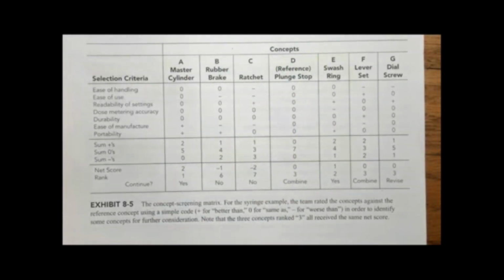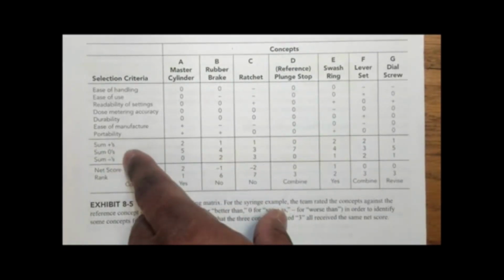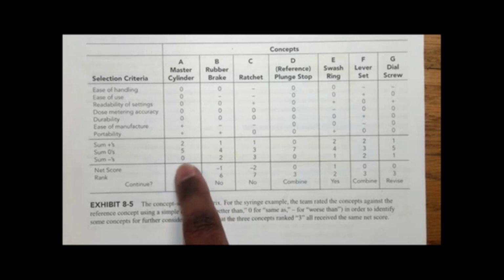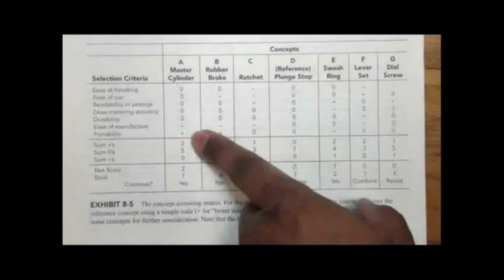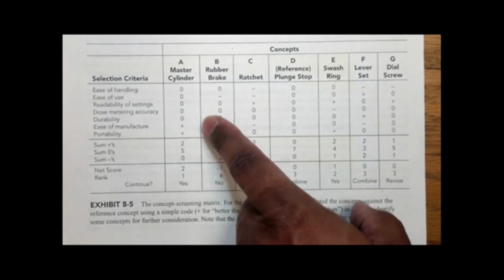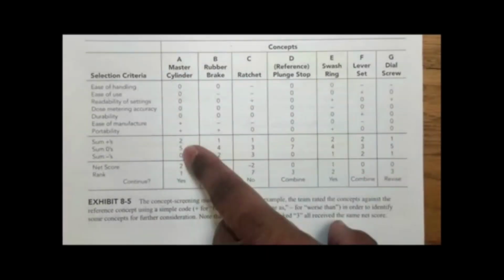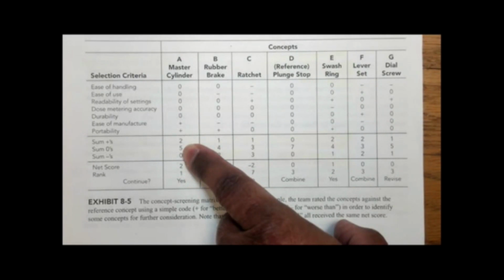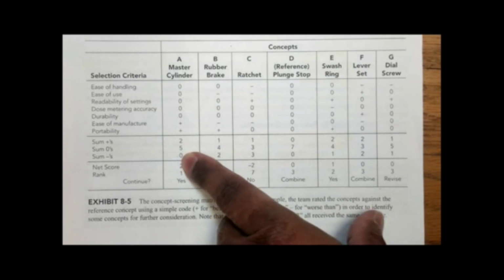And then what we do is after we fill this out, we then add the pluses, minuses, and zeros in each column. So for master cylinder, I have 2 pluses, and that's why I have the 2 here. I have 1, 2, 3, 4, 5 zeros, and I have no minuses.